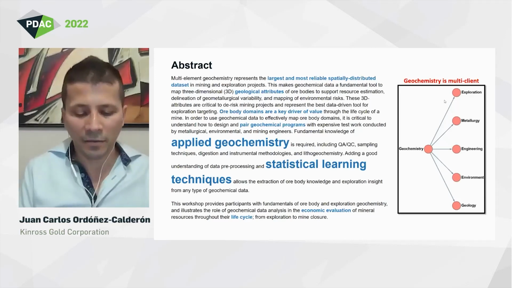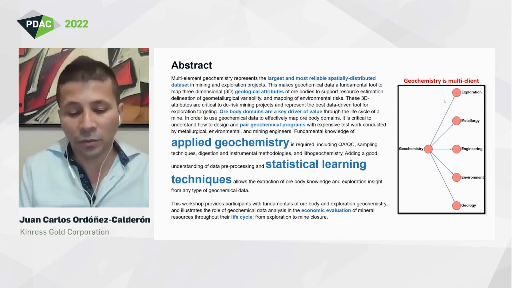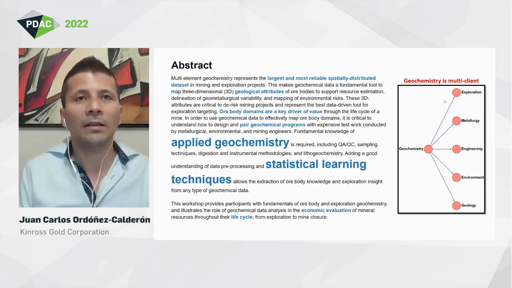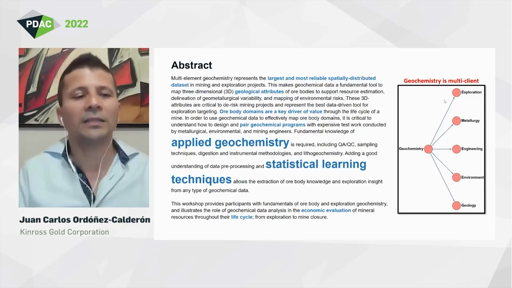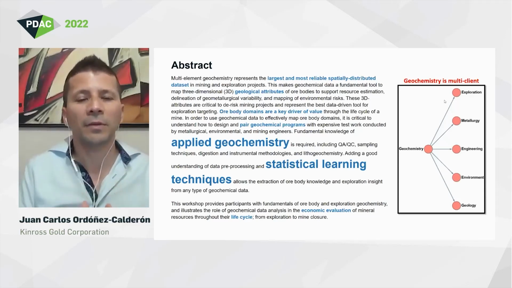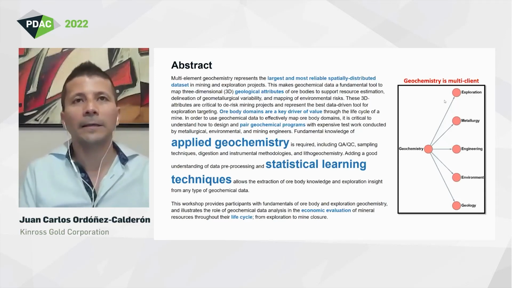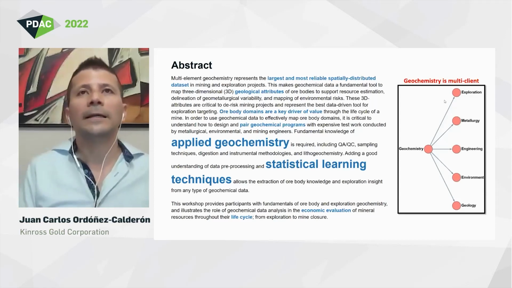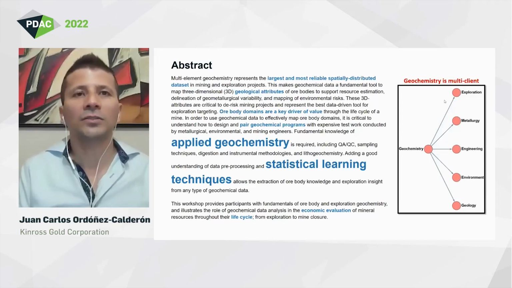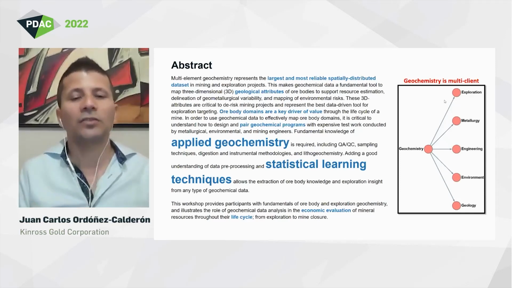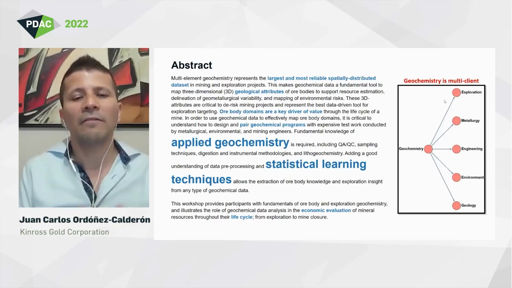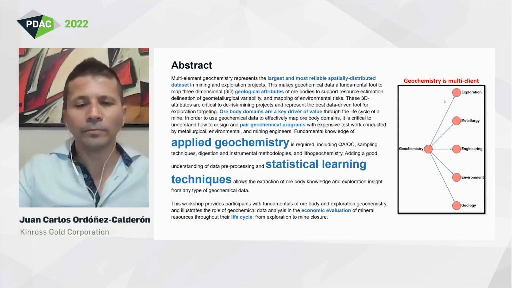Still, I want to encourage, and in this workshop we are going to be encouraging, that it is really the role of fundamental geoscience, the role of fundamental applied geochemistry, that should be leading this kind of algorithmic modeling. So if we have solid foundations in applied geochemistry, then we can use these statistical learning methodologies to solve issues. But all of this should be guided by good geoscience knowledge.